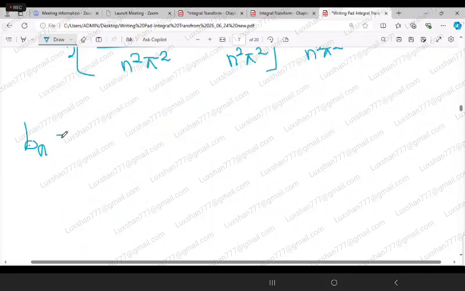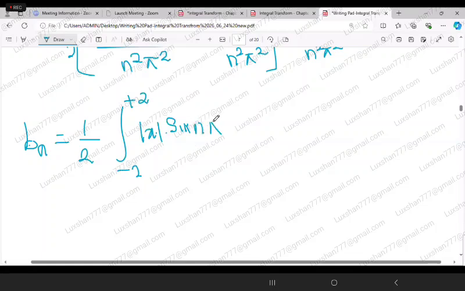bn is equal to, similarly, 1 over 2 into integral from minus 2 to 2 of mod of x into sine n pi x by 2. Can anybody tell me the value of this one?